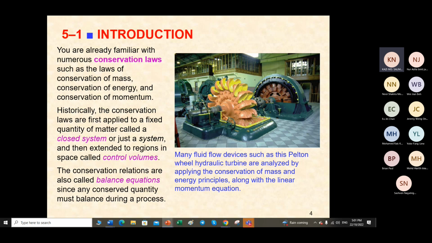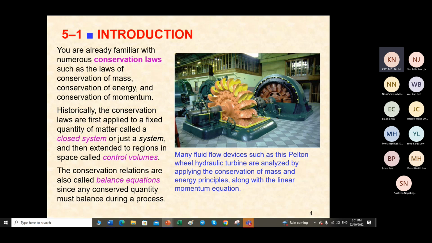So what we find here, from our previous knowledge, is the conservation laws of energy and conservation laws of mass. And then the conservation of momentum. So momentum equation, energy equation, continuity equation, all this stuff we need to remember.